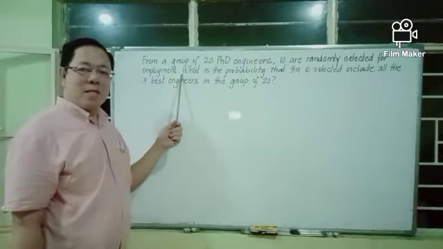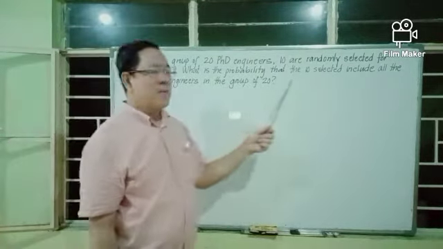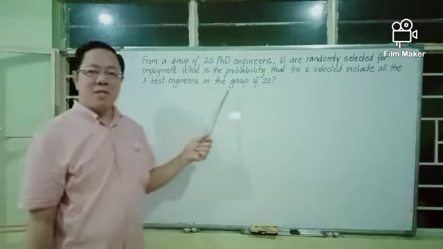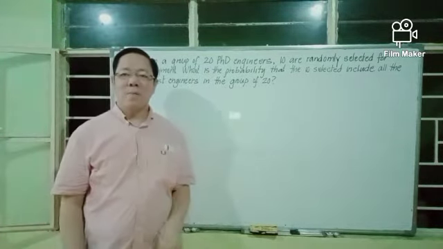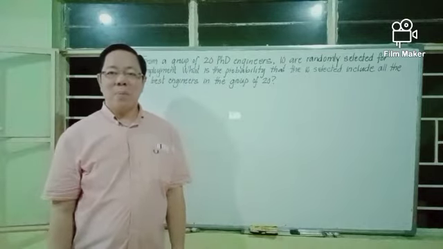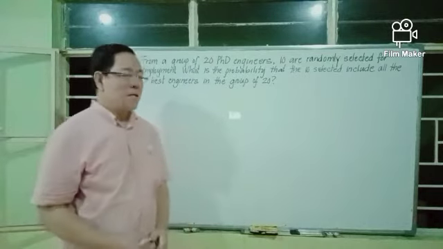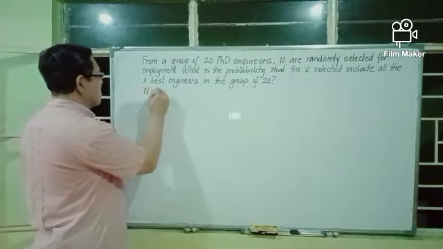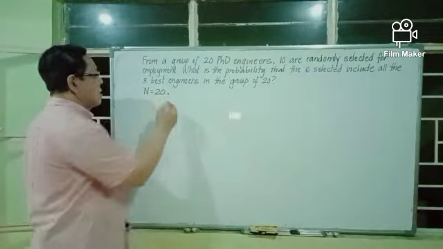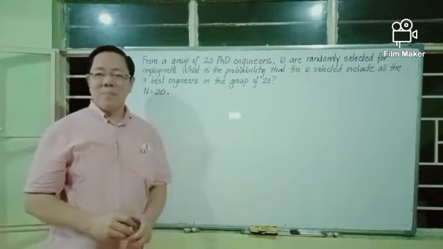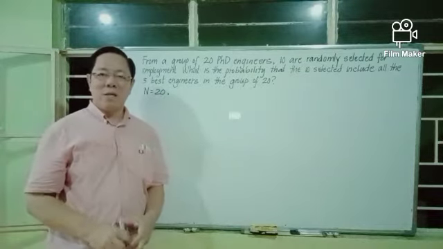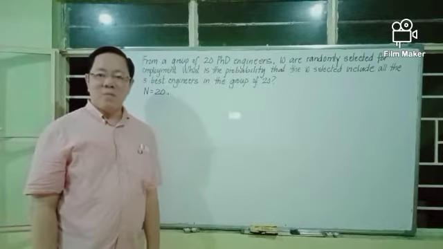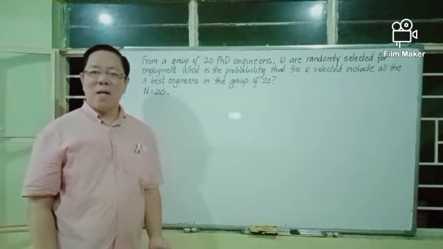What is the probability that the 10 selected include all the 5 best engineers in the group of 20? In this problem, the population size is 20. And from this population of 20 engineers, 10 are randomly selected for employment, which means that the sample size small n is 10.